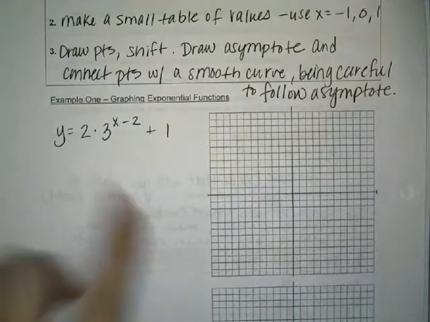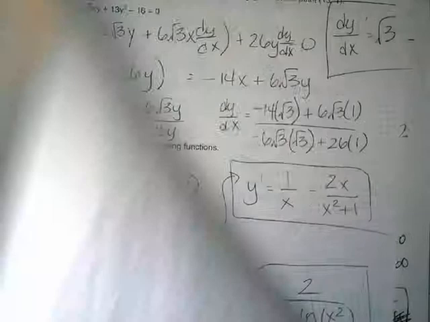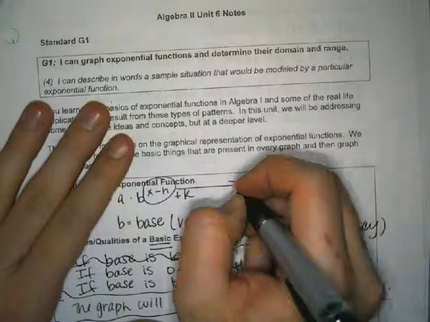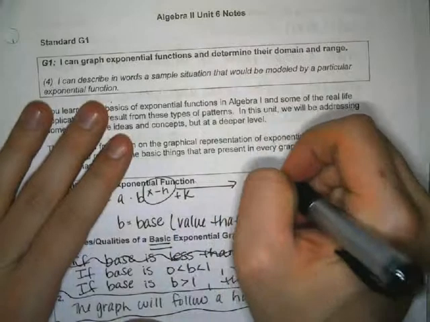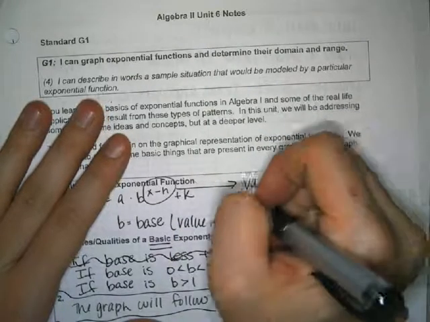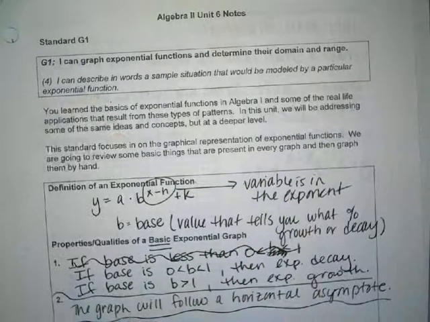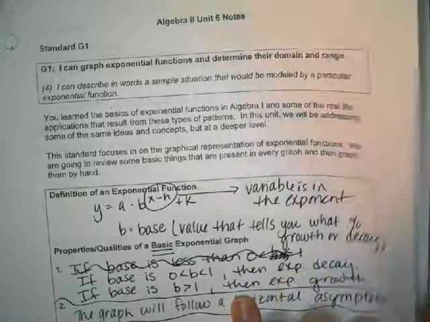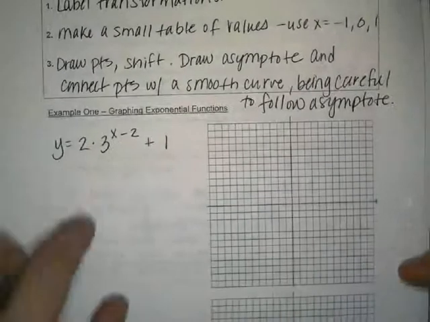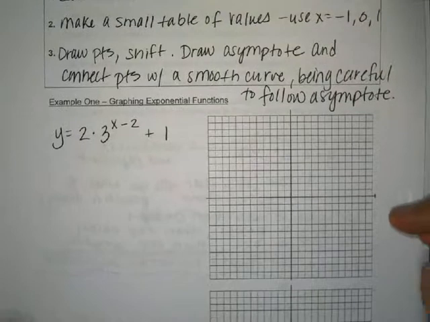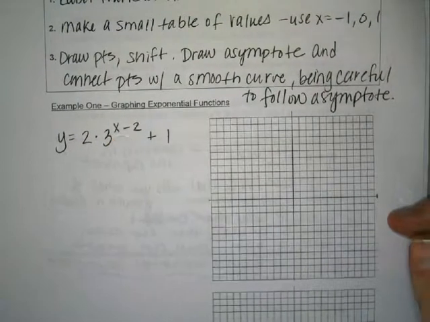The other thing that I should probably mention here is when you're dealing with exponential functions, you know it's an exponential because your variable is in the exponent. That's what makes it an exponential function. That's something that I forgot to mention earlier. Okay, so if you were just asked to graph this and I didn't tell you it's an exponential, you would recognize it as an exponential because the variable's in the exponent.